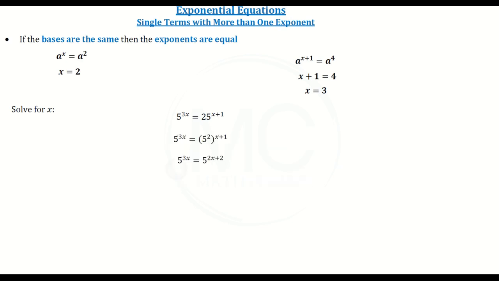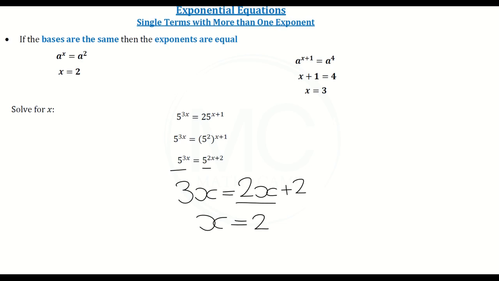Now we have a base of 5 and a base of 5, which means our exponents are equal. We can say 3x is equal to 2x plus 2. Let's get our x values by themselves. So we're going to move this 2x across. 3x minus 2x is x, and we see that it is equal to 2.